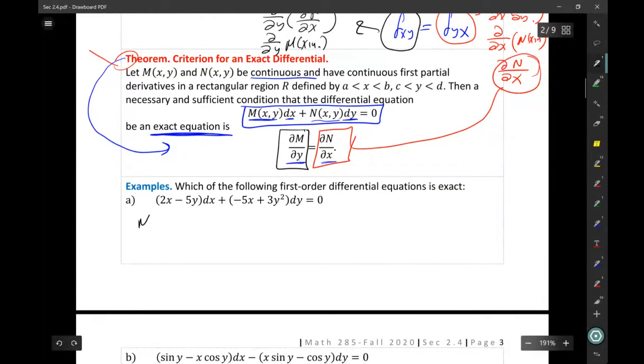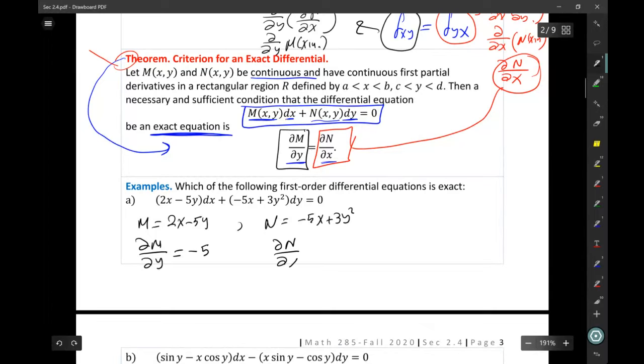First of all, what's M here? M is the part multiplied by dx. It is 2x minus 5y. Well, N is equal to minus 5x plus 3y squared. Just dM by dy partially, it is minus 5.